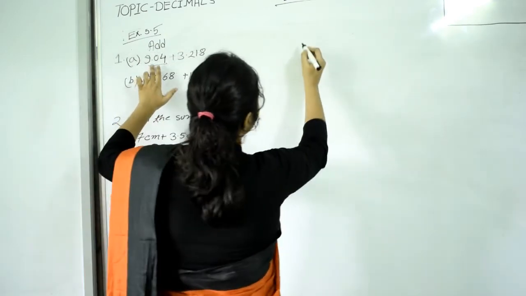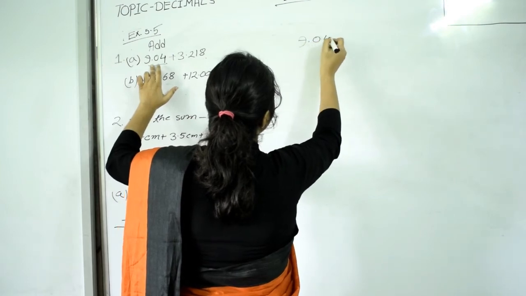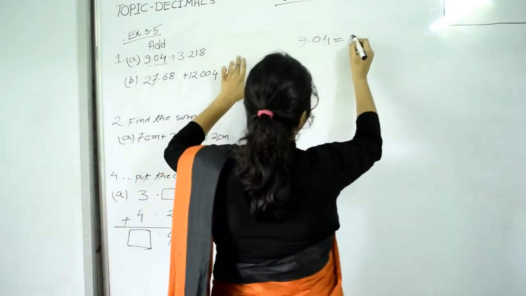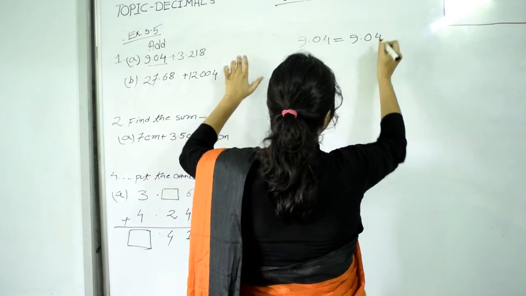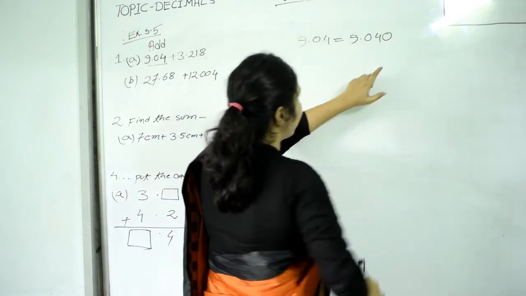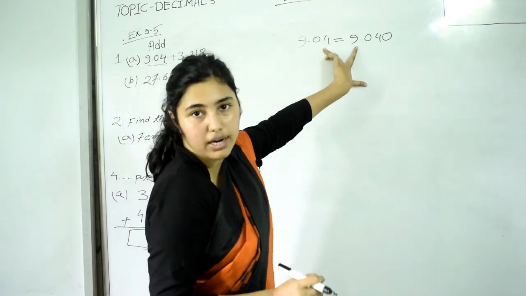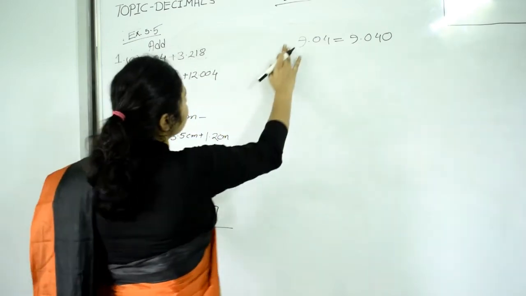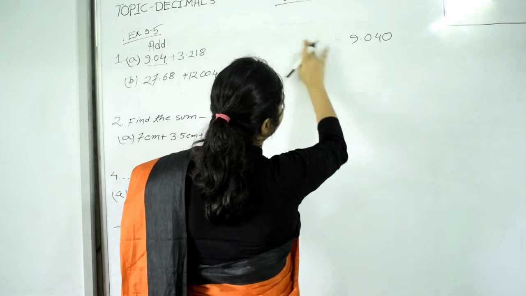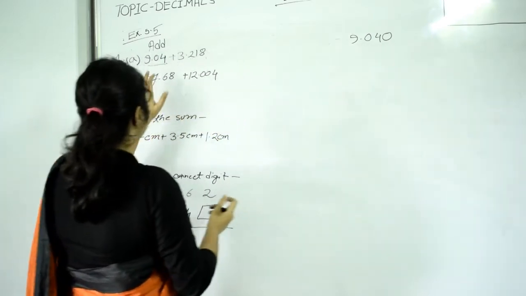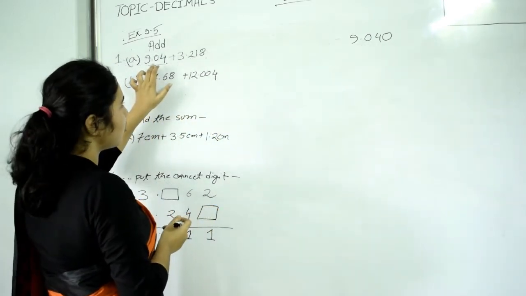So, write 9.04 as 9.04 and take 1 more 0. We know that these two numbers are equivalent. So, consider 9.040 in place of 9.04.